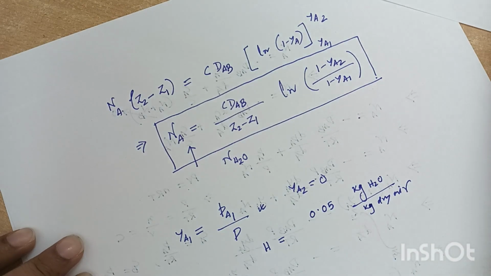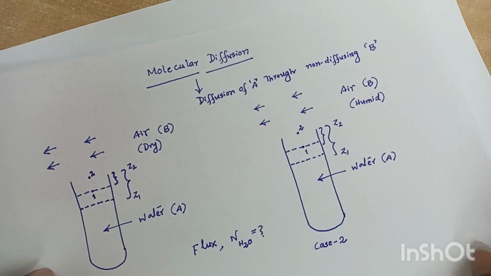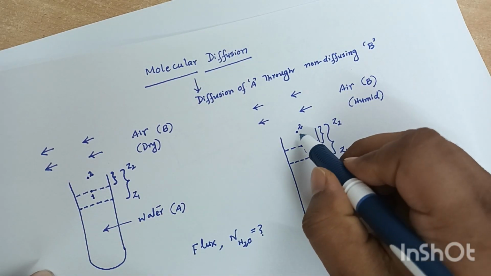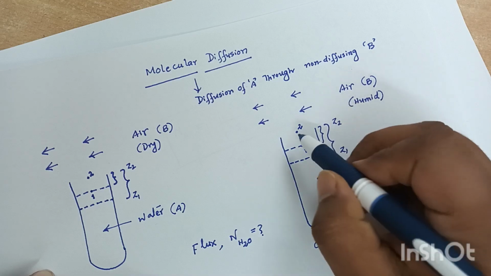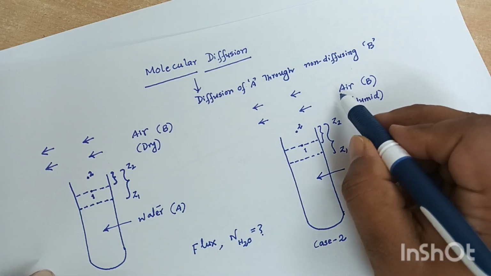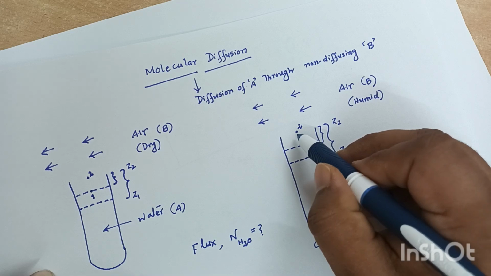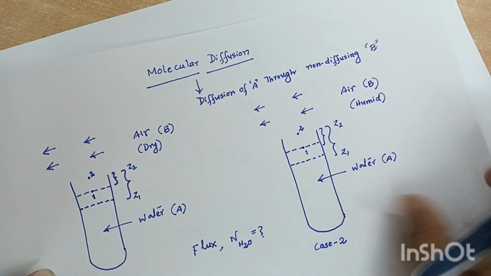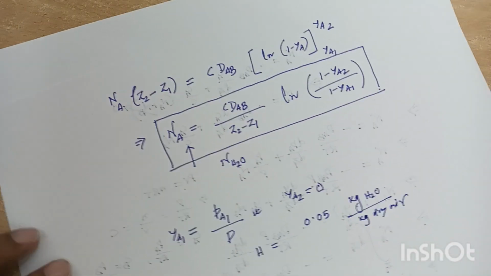Now, since humidity is mentioned in this case, ya2 won't be equal to 0, because a little bit of moisture will always be present in air. So you cannot assume ya2 is equal to 0. Rather, you have to calculate the value of ya2.